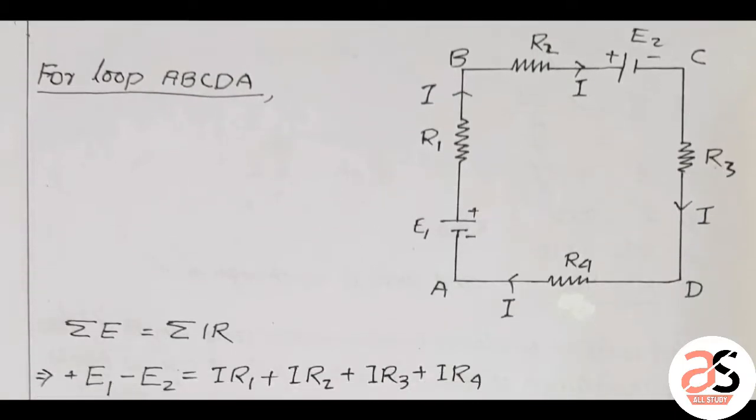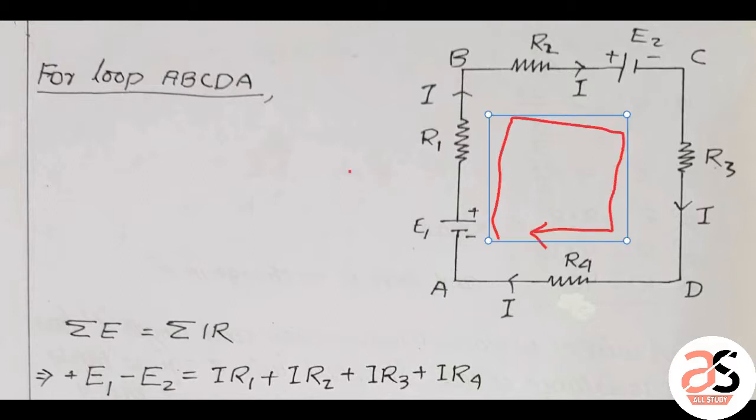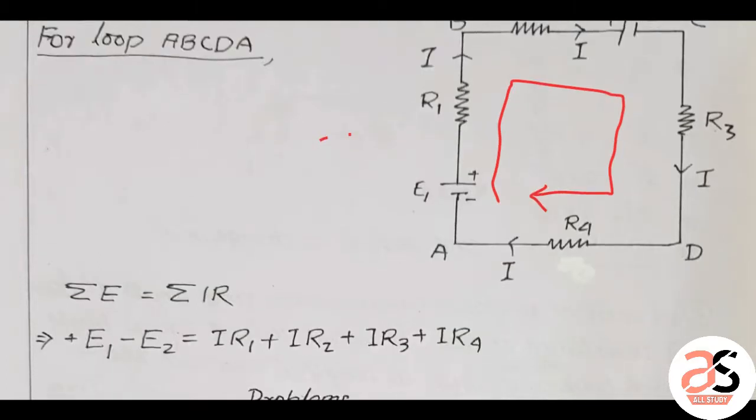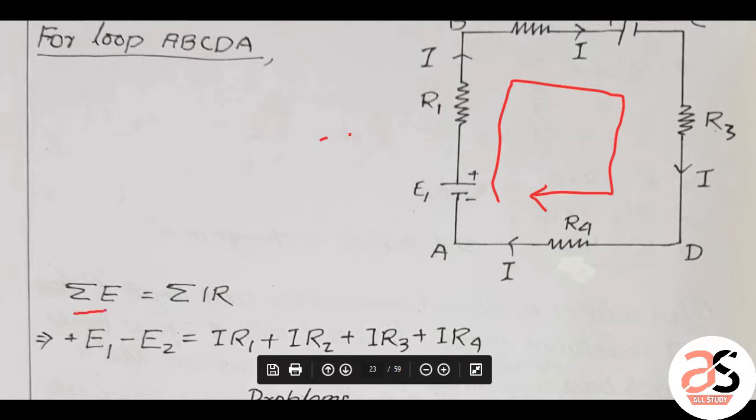Here in this loop, let us check. In this figure, let us check A, B, C, D, A. So we are moving from A to B, B to C, C to D, D to A. So by Ohm's law, on the left side is the summation of EMFs, and on the right side, the summation of IR.